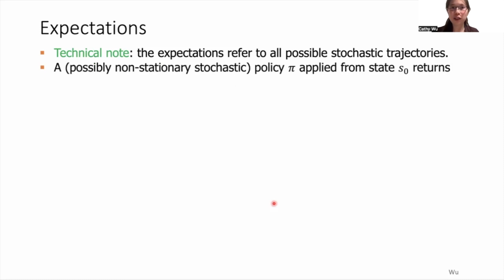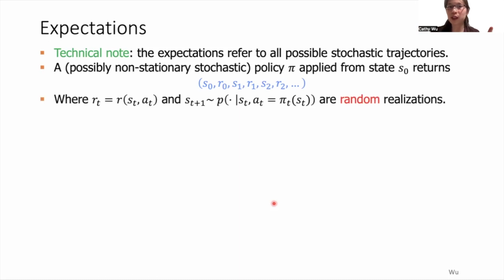A policy, let's say we apply it to a state, we might get some sequence of state, reward, state, reward, state, reward. These rewards might be somewhat random. Given the current state and action, the next state might be somewhat random. The policy itself might also be somewhat random.